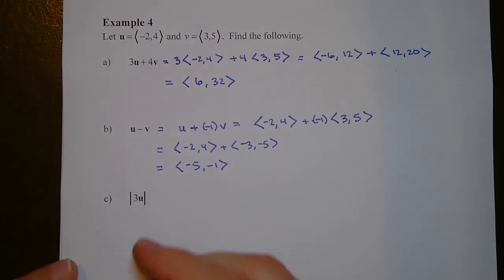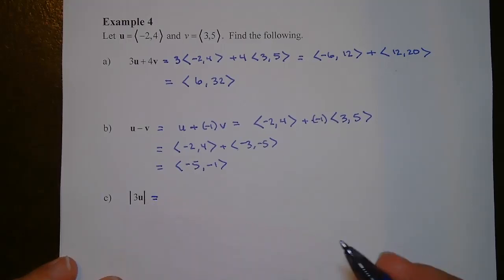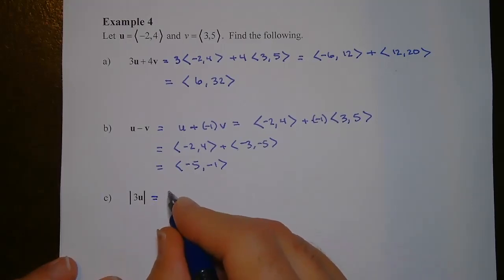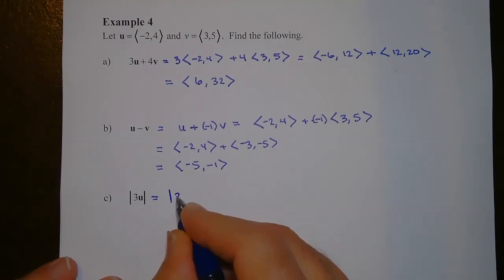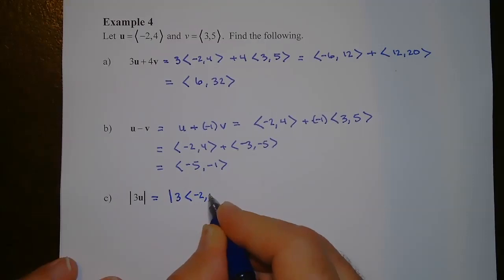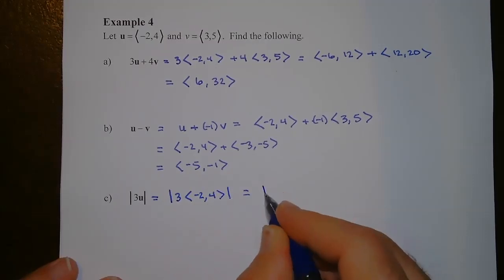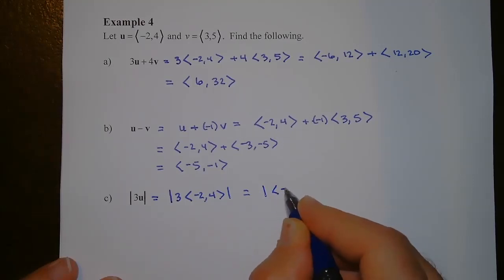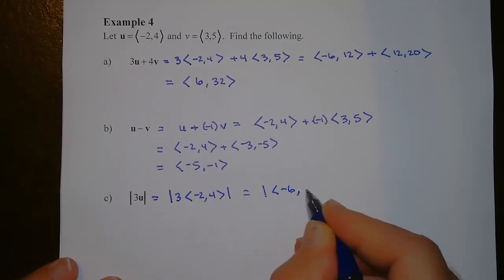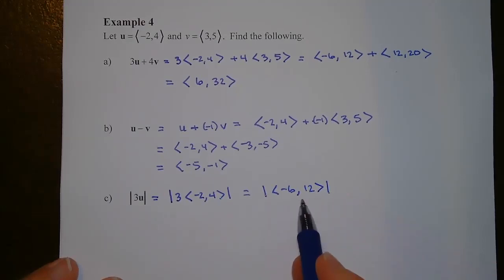So what does this one mean? Remember, the absolute value means magnitude. So this is equivalent to the absolute value of 3 times the vector negative 2 comma 4, and that would equal the absolute value of the vector negative 6 comma 12. Now we have this vector to deal with.